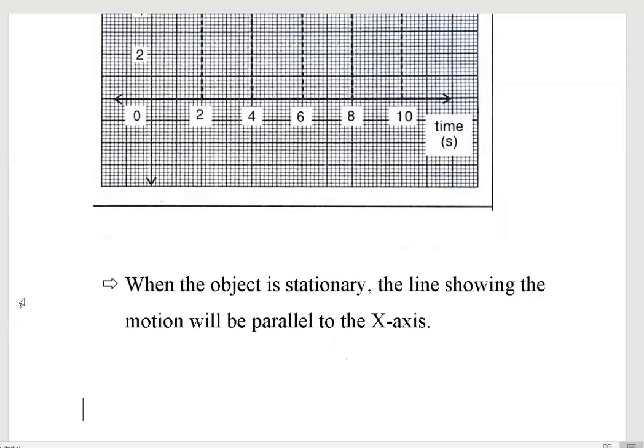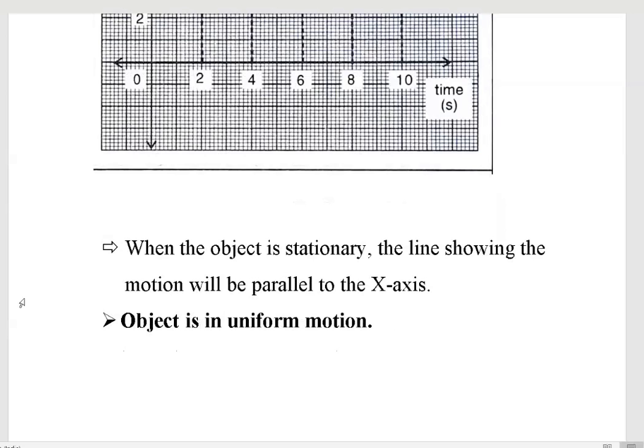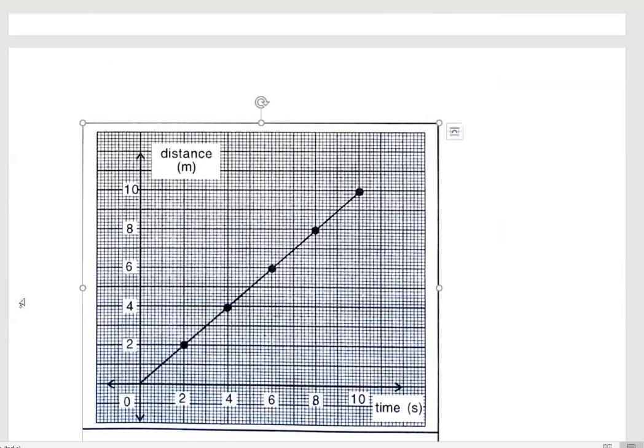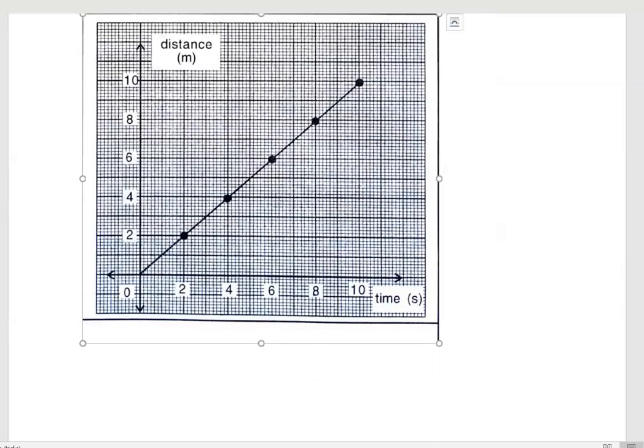Now, let's talk about when the object is in uniform motion. Look at this graph. In this graph, you can see here that at 2 seconds, the object is at 2 meters. At 4 seconds, the object is at 4 meters.